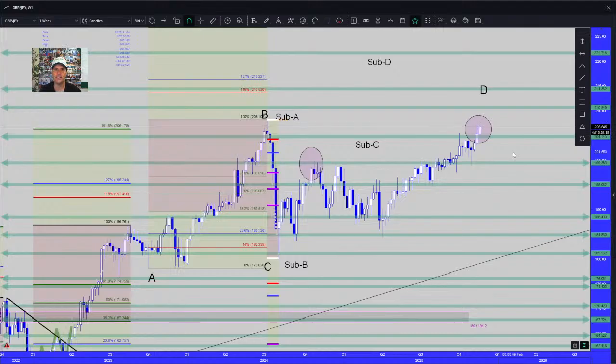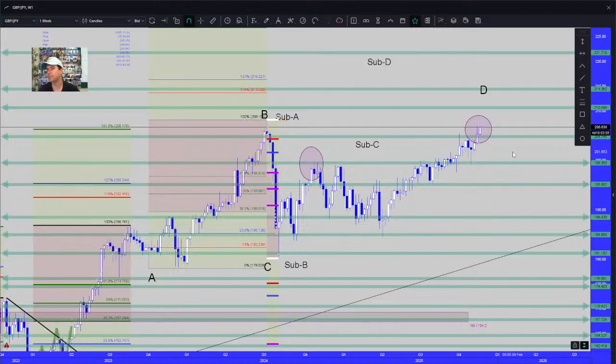Alex first, correct. Which one is the sub C, everybody? The first circle is the sub C or the second circle?